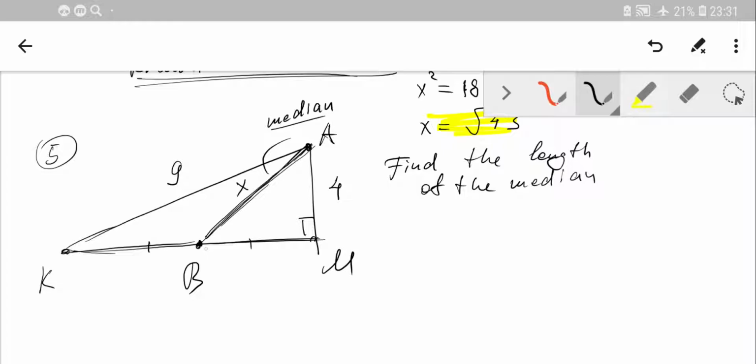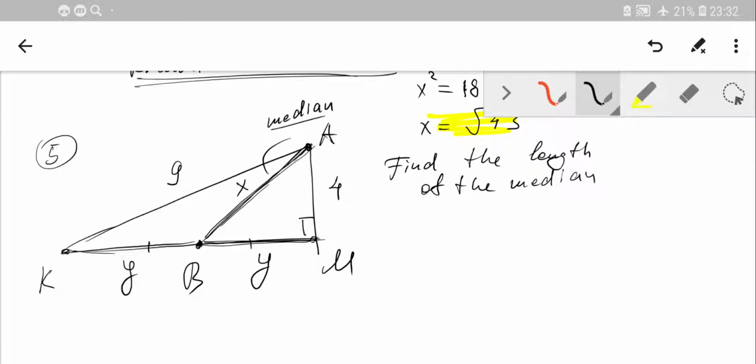Let's say you don't know this leg, BM, okay? However, you might use this triangle ABM as a right angle. So don't worry. First of all, in order to solve any task similar to it, not in one step, you need to introduce some variables, okay? This part is going to be y. So this part is also y, right?